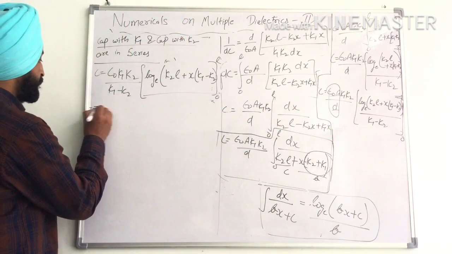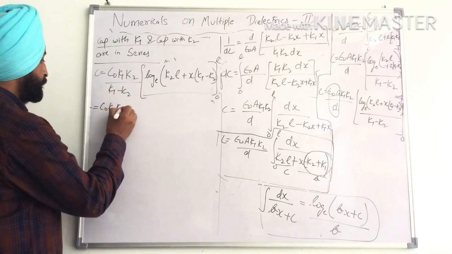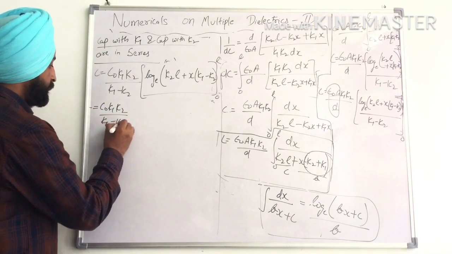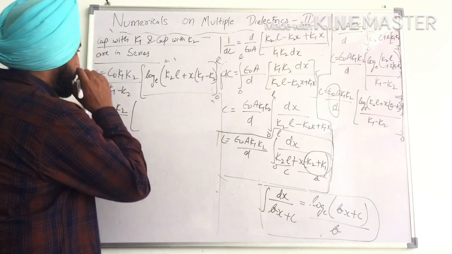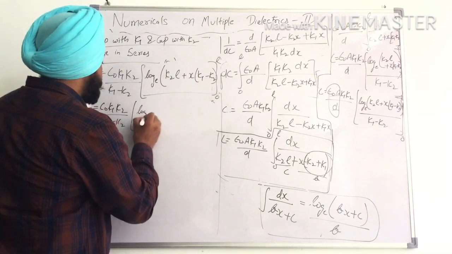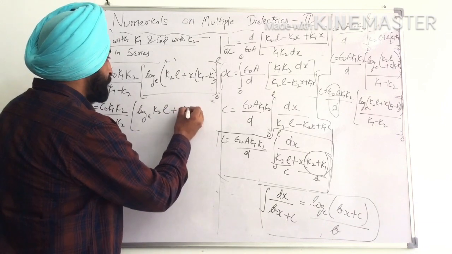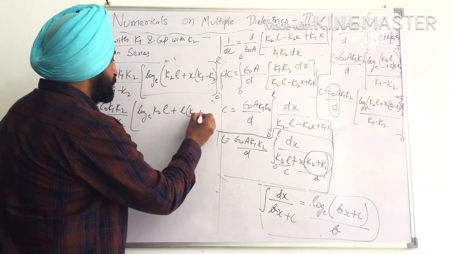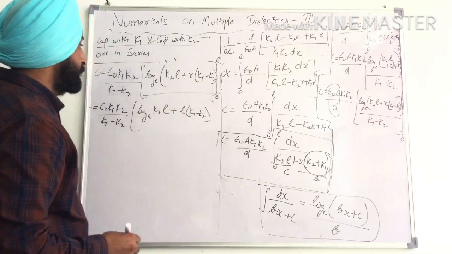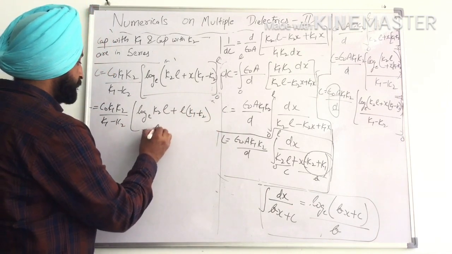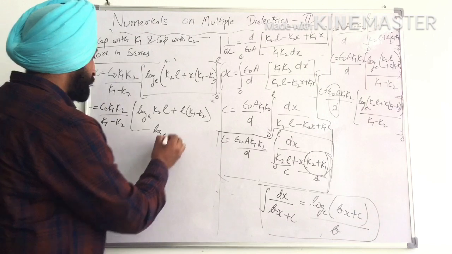So when we substitute the limits, the upper limit will be K2L plus L(K1 minus K2). This is upper limit minus lower limit. So what will be the lower limit?